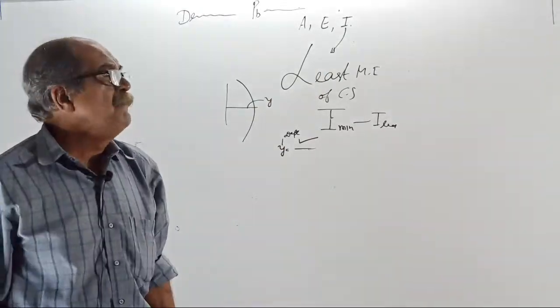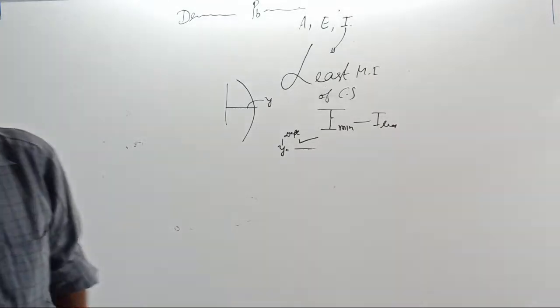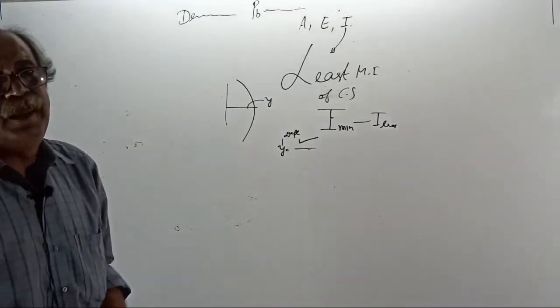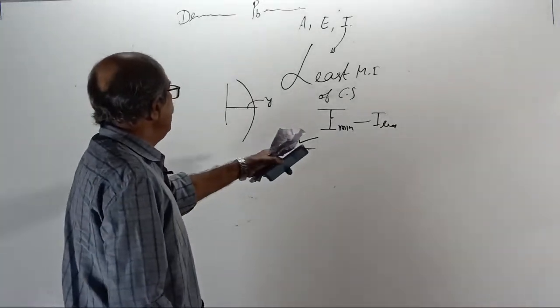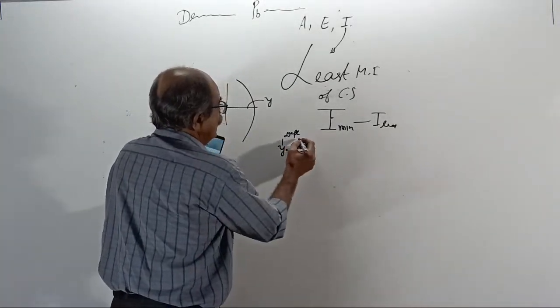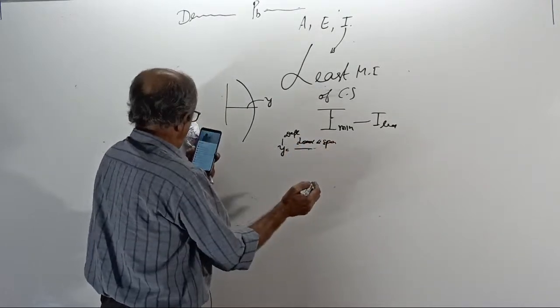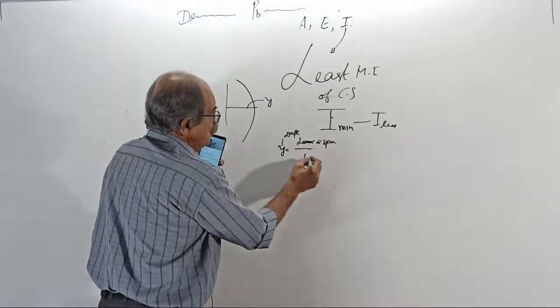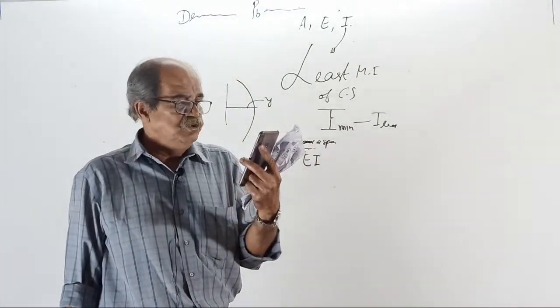Some terms, see, WL cube, WL power 4, ML square, etc. The numerator will be load and span, whereas in the denominator you get EI. Yes or no?